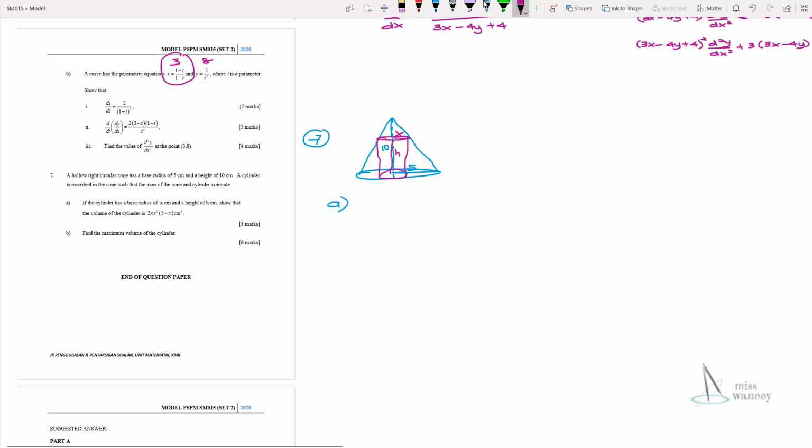Okay, so what is the formula for the volume? Volume of a cylinder is actually pi r square h. So this is pi. The radius, as you can see, the radius over here, this is x square, and the height is simply h.